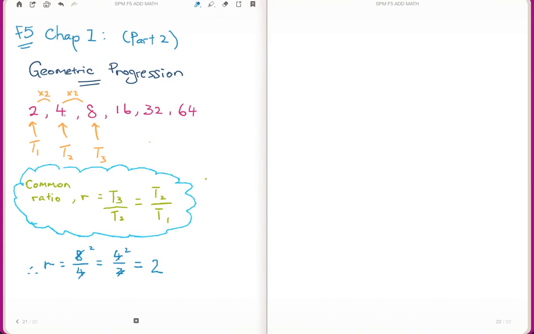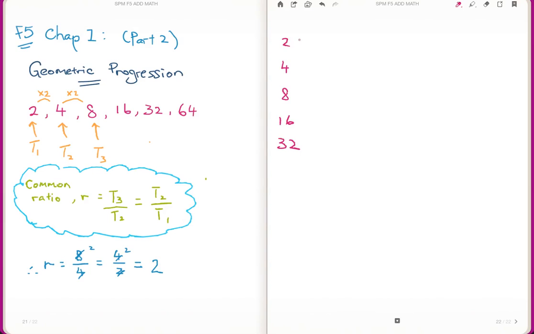Now, what's the general equation to represent the numbers in the series? Just like in arithmetic progression, there's a method, and the same method is used to find the general equation. First of all, you need to list out the numbers. So that is 2, 4, 8, 16, maybe 32.